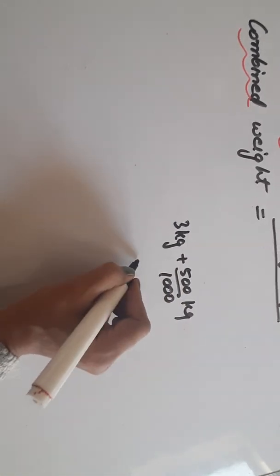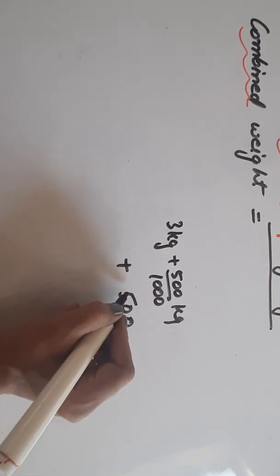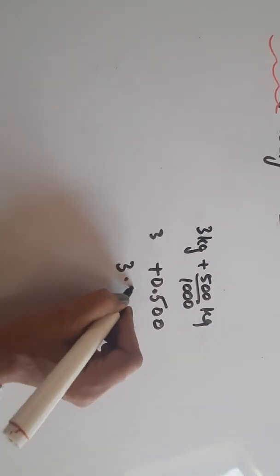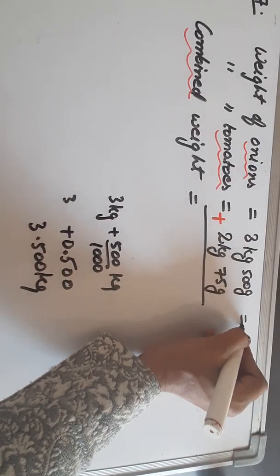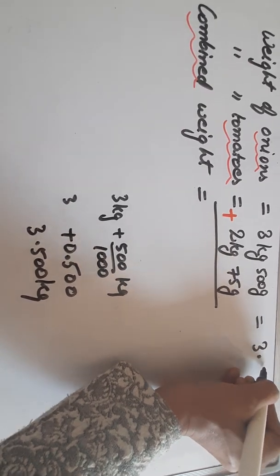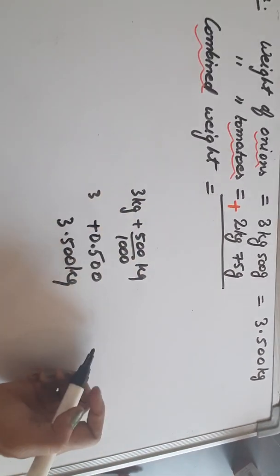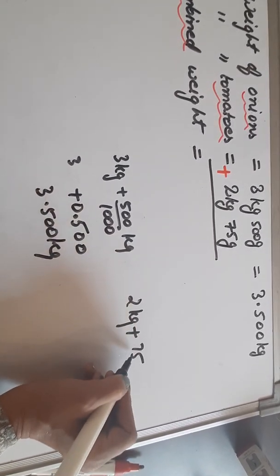So for these three zeros, we'll place 3 digits which we already have and then a decimal. So 3 plus 0 is 3.500 kg of onions. So we will write it as 3.500 kg.